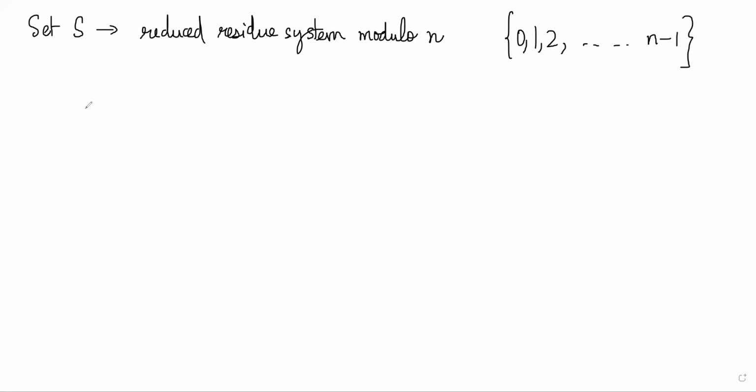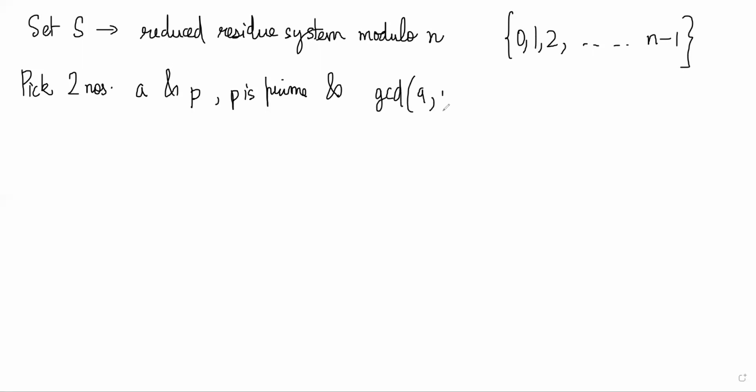Now, what I want to say is, let's say you pick two numbers, A and P, where P is prime and GCD of A and P is 1.